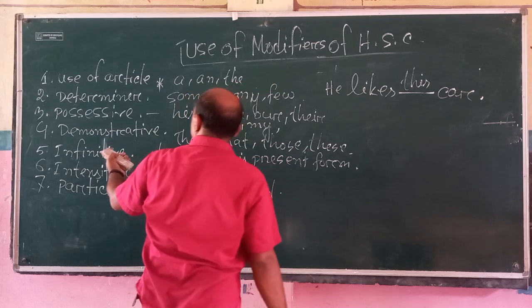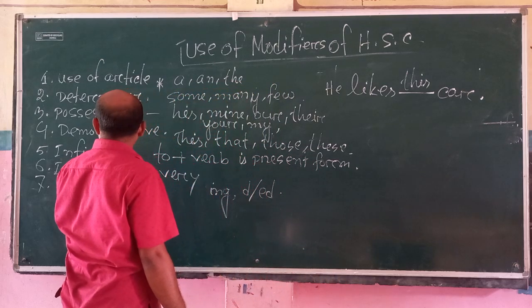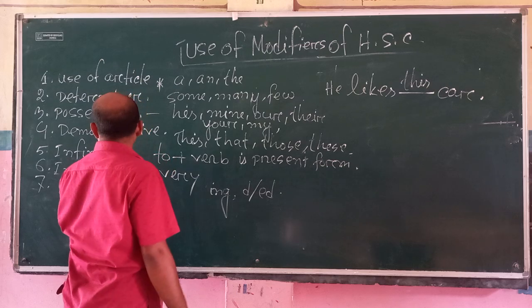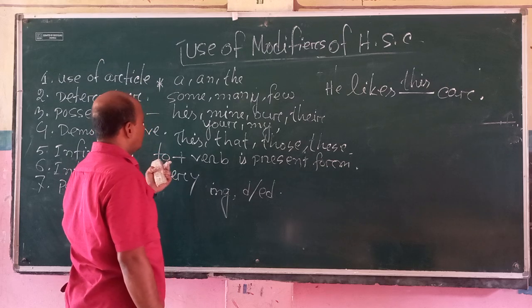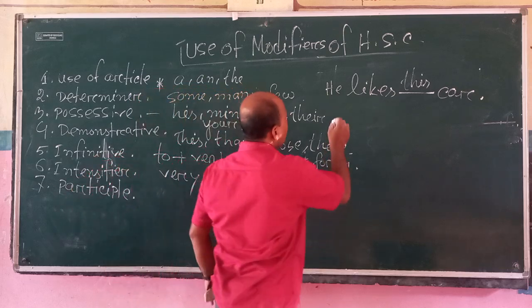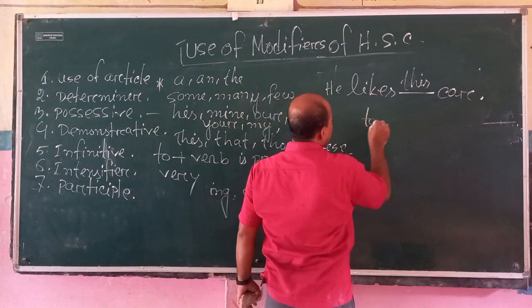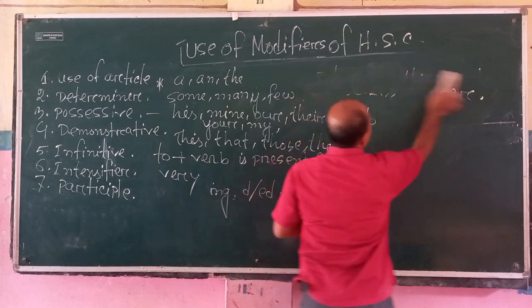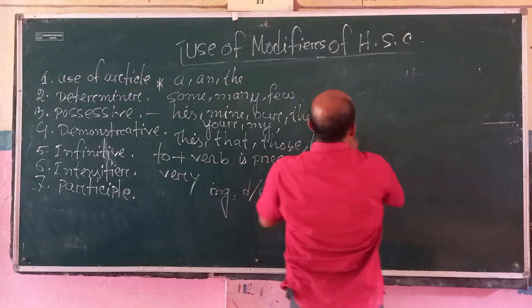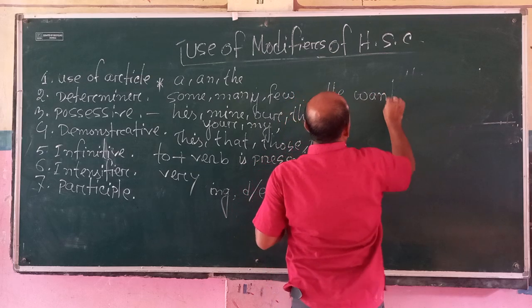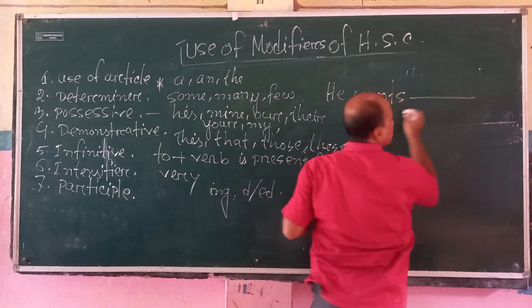If they ask you to give a word in the gap, to plus verb or infinitive, you will use to, and then a verb of present form, such as: he wants dash a pen.